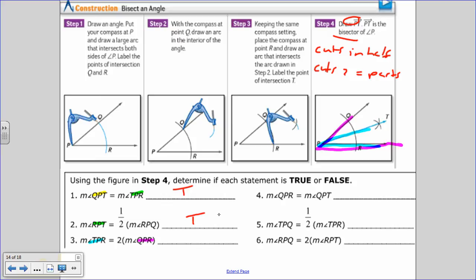The measure of angle TPR, the small one, is equal to 2 times the measure of QPR, which is the large purple one. That is false. It's saying that one of those blue ones is 2 times the size of the purple one. And as you can see, that's not true. That is not true at all.